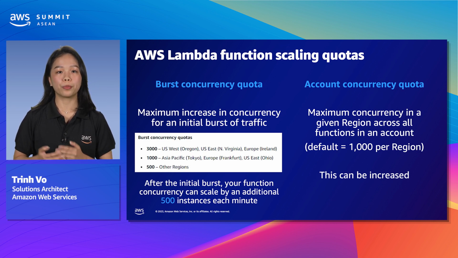After this initial burst, a function can scale by another 500 instances per minute. There's also an account concurrency quota, which is the maximum concurrency in a particular region. This is shared between all functions in an account in that region. This defaults to 1,000 and can be easily raised with service requests.